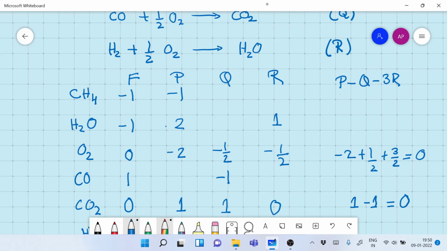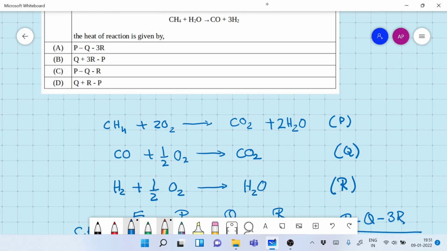Now for water, we should get P here is 2, and then Q is 0, and then minus 3R. So that makes it minus 1. And for water it is -1, this confirms. Therefore, the solution is P minus Q minus 3R.